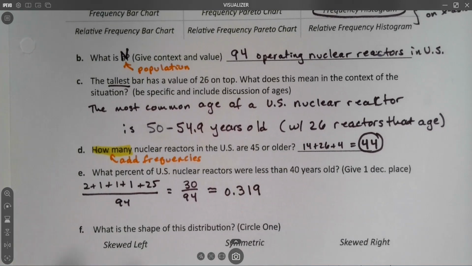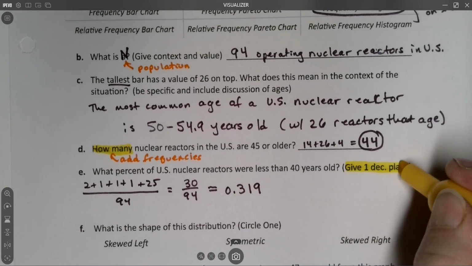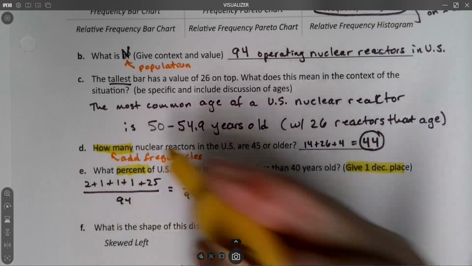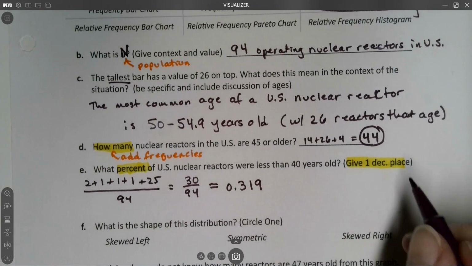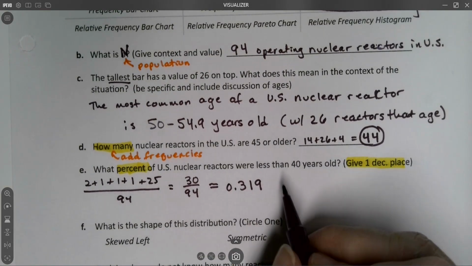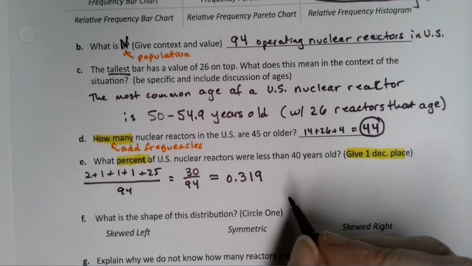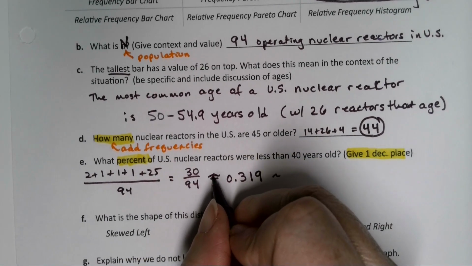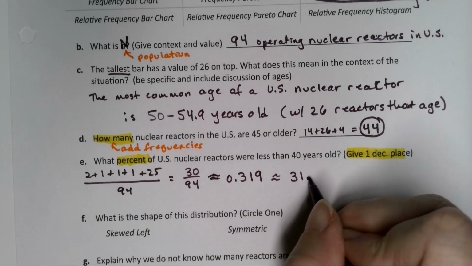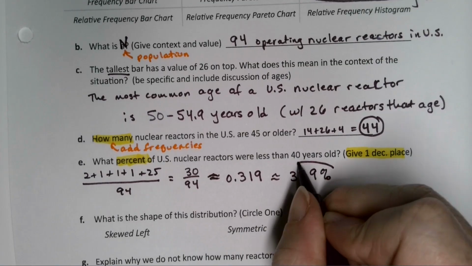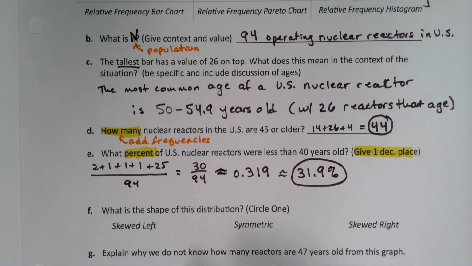We want one decimal place on the percent, because it's asking a percent question, so we're going to have to do relative frequencies. We divide, which we did, and that makes it 31.9%. From fraction to decimal to percent.